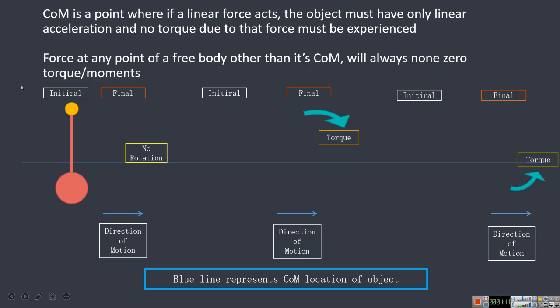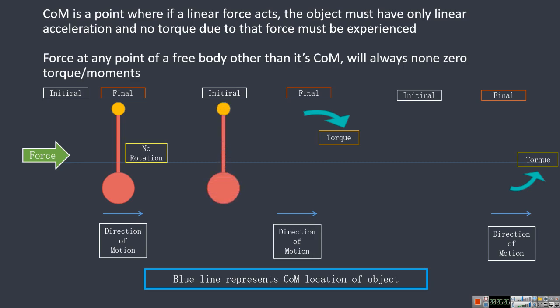Now if I apply a force on the center of mass, it's a little higher, but let's suppose it's on the center of mass, the object is supposed to move in a linear fashion, right? No rotation whatsoever is supposed to be there, no moment created by this force. But if I apply a force other than at the center of mass, there's supposed to be rotation, right?